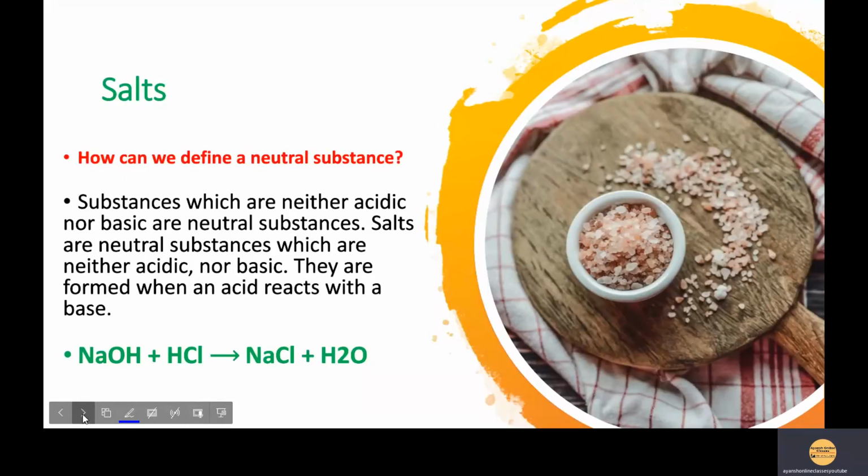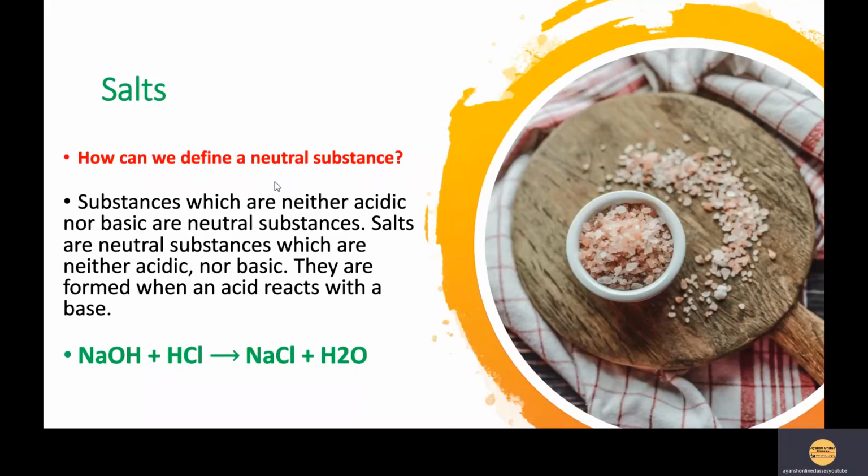Now after seeing acids and bases, let's come to another point, that is salts. Salt is a very common ingredient used at home. Every foodstuff is incomplete without salt. Now after seeing acidic and basic, there comes a question: how can we define a neutral substance?